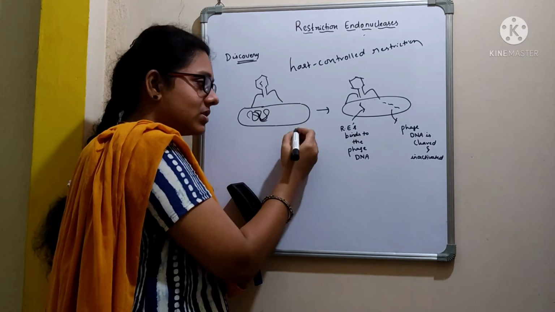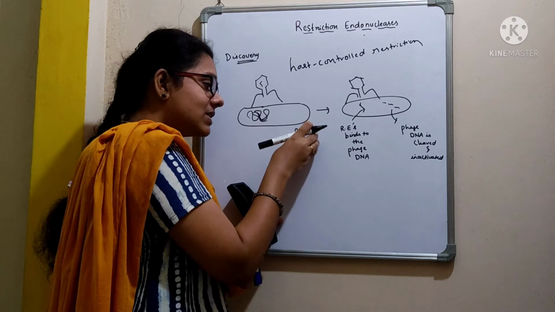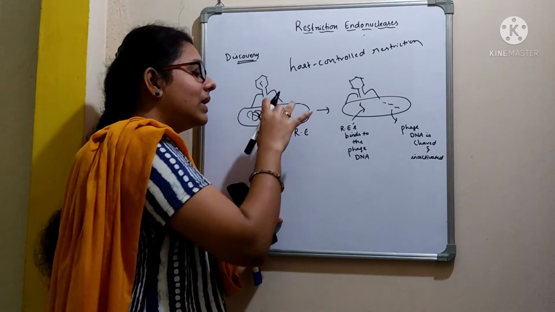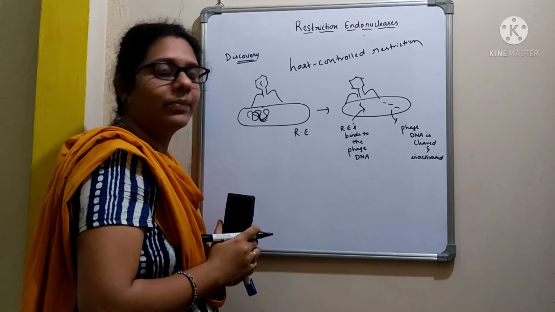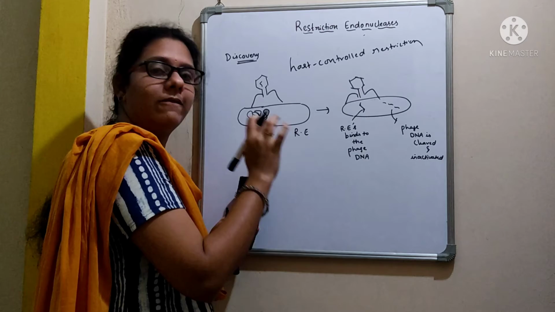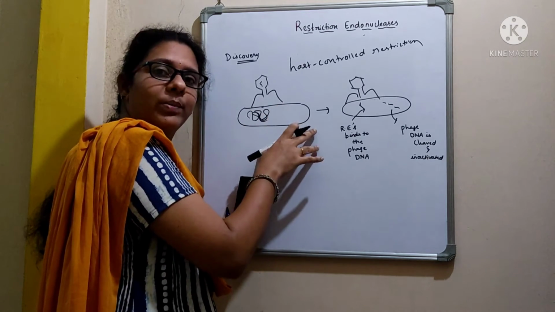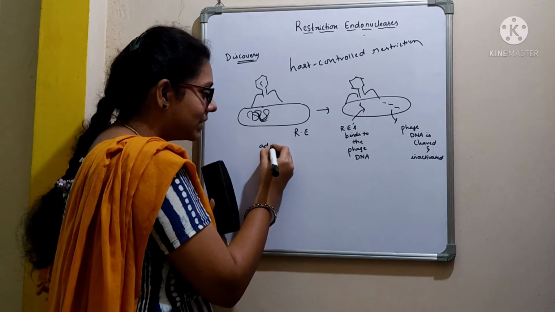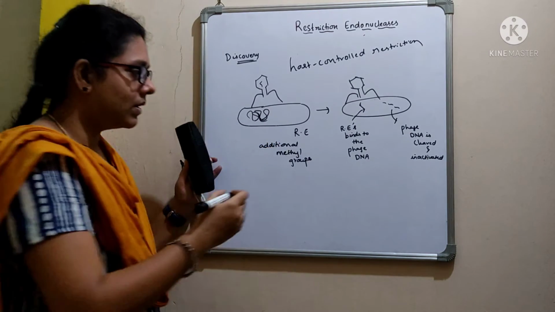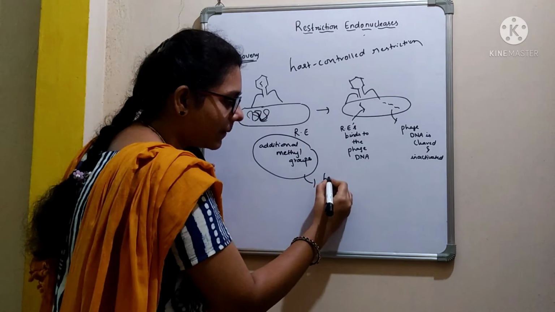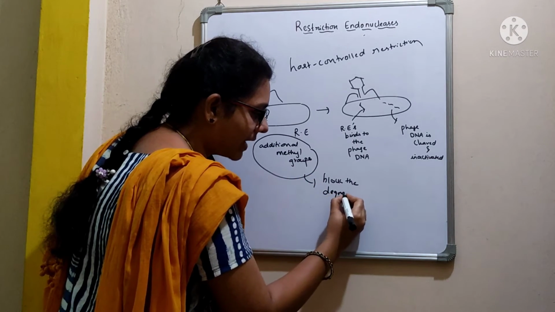If it produces restriction enzymes, and these enzymes cut its own genetic material, then it would be lethal to the bacterial cell, right? But in this case it doesn't occur. Why? Because it protects itself from the attack by carrying additional methyl groups. And these methyl groups will block the degradative enzyme action.